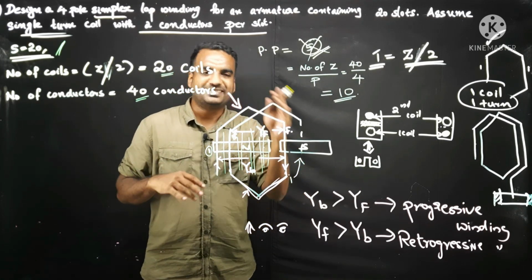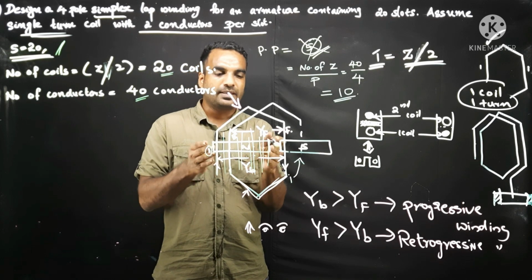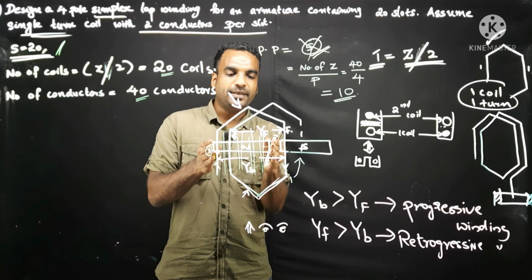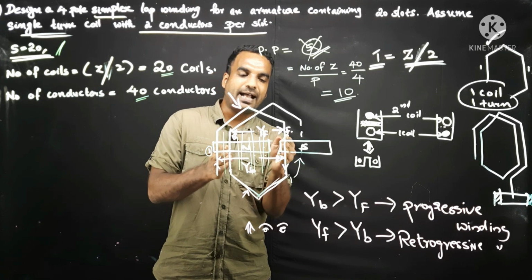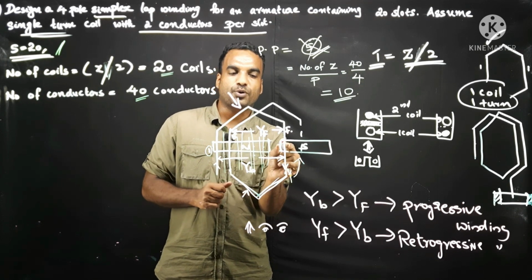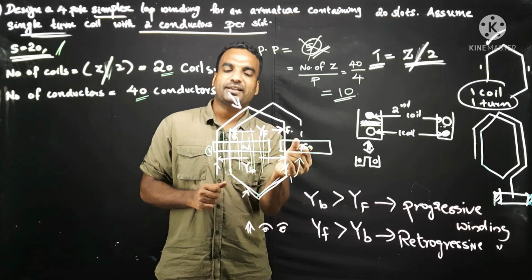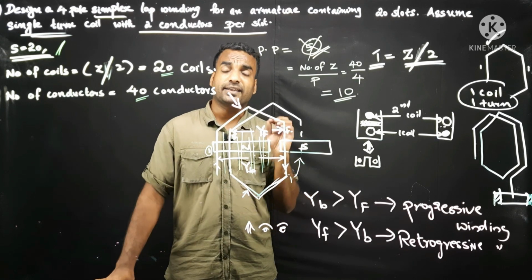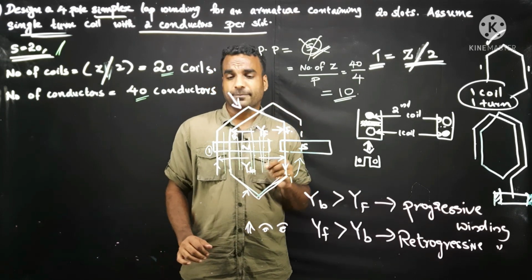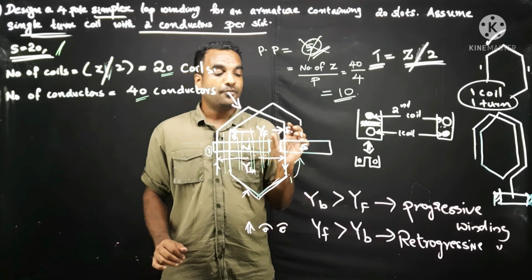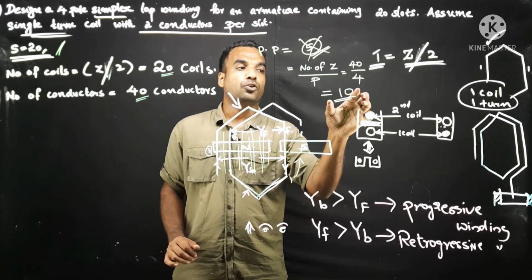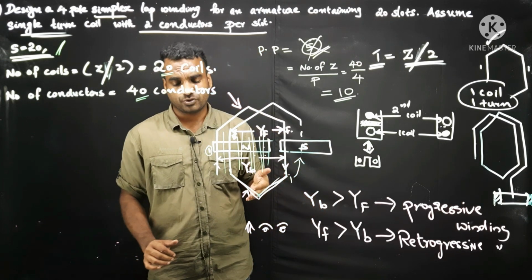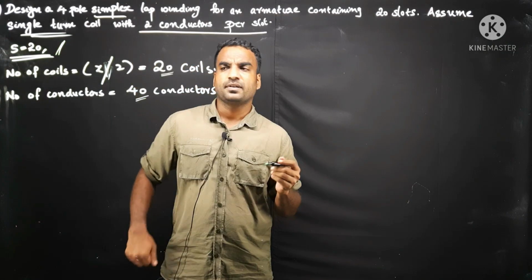You please work out on that, because 10 is the pole pitch, and in order to get YB, you have to add one slot to the pole pitch. Correspondingly, for YF you have to subtract 1 from the pole pitch. Anyhow, you have to remember that equation by heart: YB is equal to pole pitch plus 1 and YF is equal to pole pitch minus 1. So, we will be going into that area.